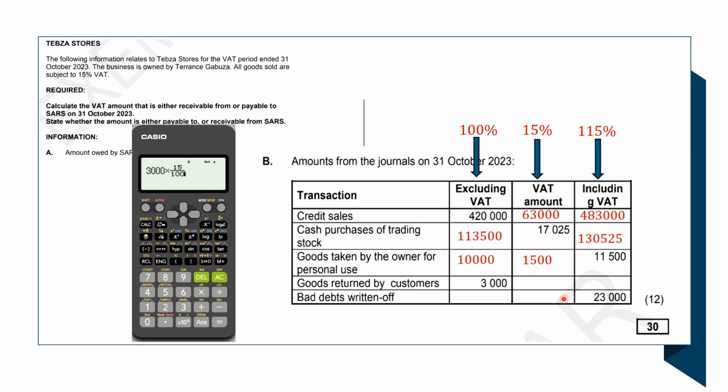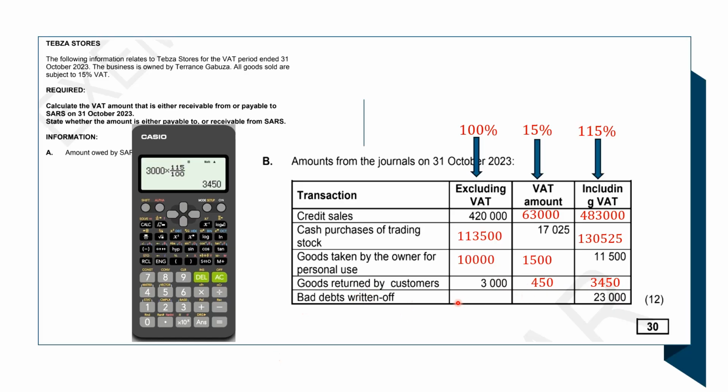And we're going to get our VAT amount, which is 450, which comes here. Now we need to calculate our including VAT amount. So what we want, 115, what we have, 100. So again, this amount.